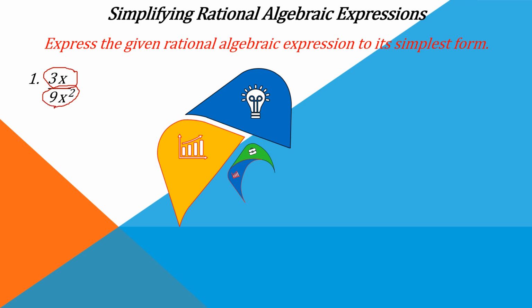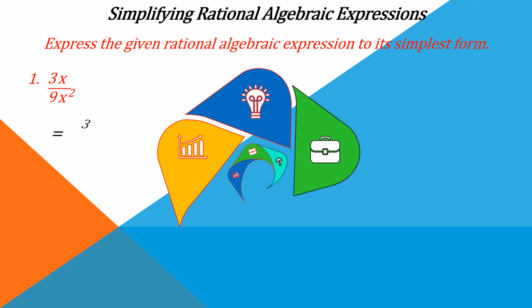Since the numerator is 3x, we will factor this 9x squared also having a value of 3. So, factoring the numerator and denominator, we have 3 multiplied by x divided by 3 multiplied by 3 multiplied by x multiplied by x. So this is what I'm telling you.